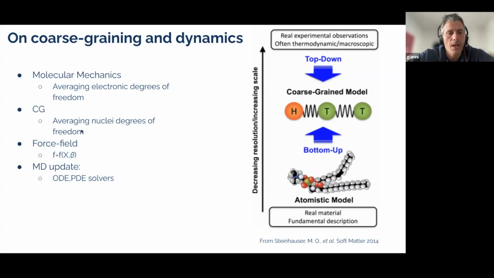And then you have some sort of solver. In molecular mechanics, you use Newton's equations, so you have a simple ODE solver. In quantum mechanics, you have a PDE solver, but we're not using quantum mechanics directly here.